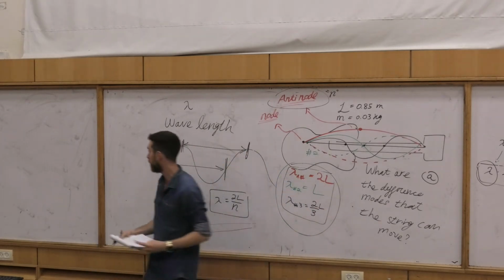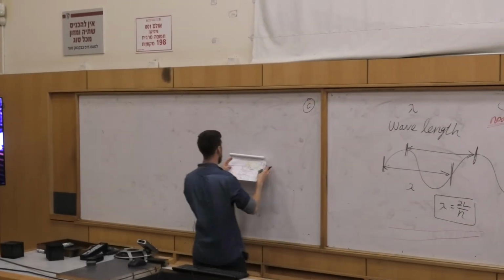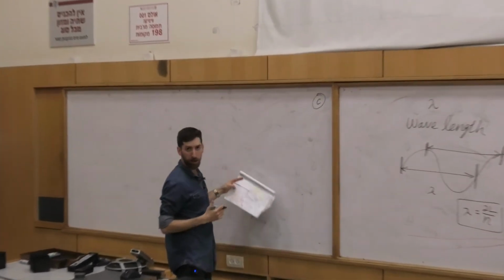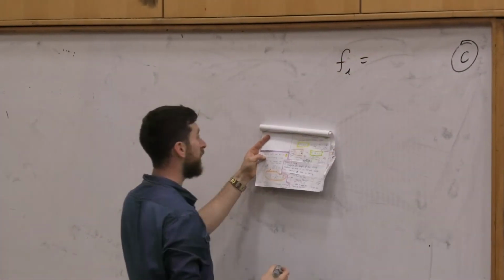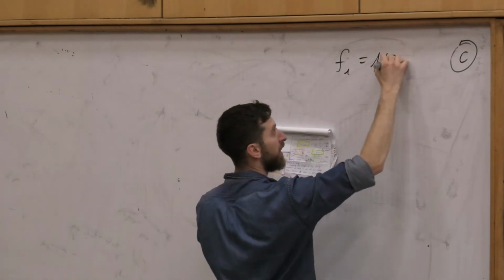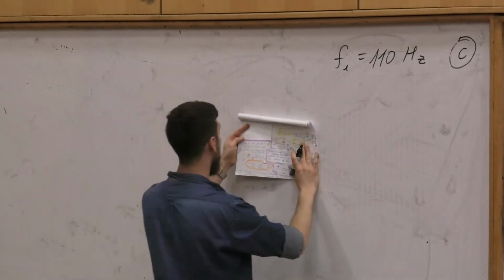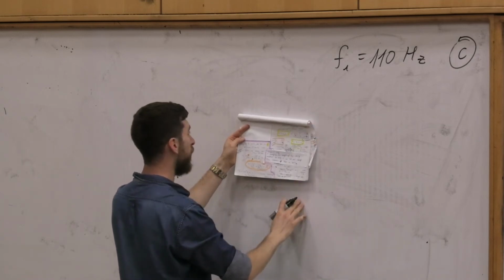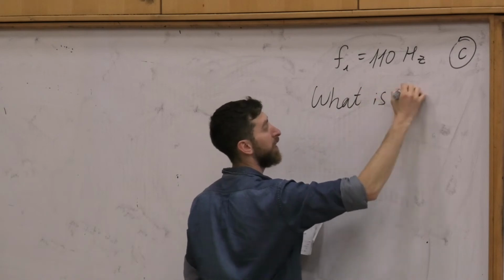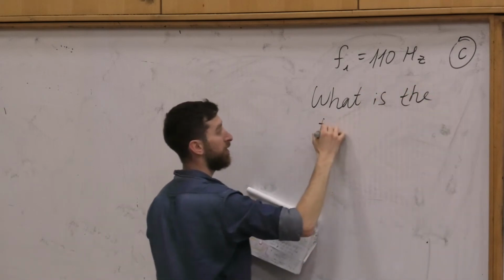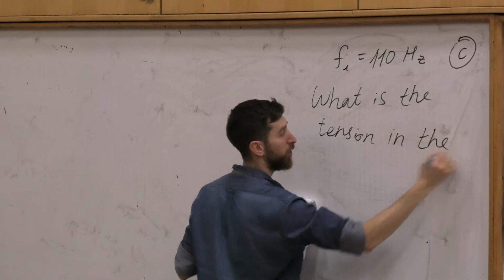So here, C, okay? The next question is that I play the guitar, and I put the frequency f1 to be the note A. The note A is 110 hertz, okay? And I want to know what is the tension in the string.